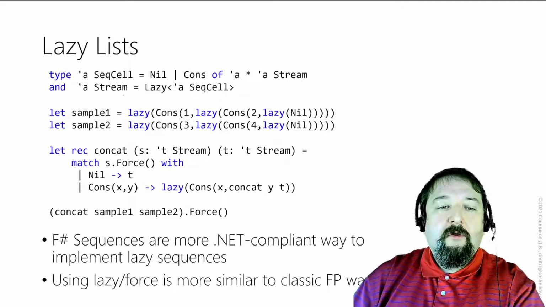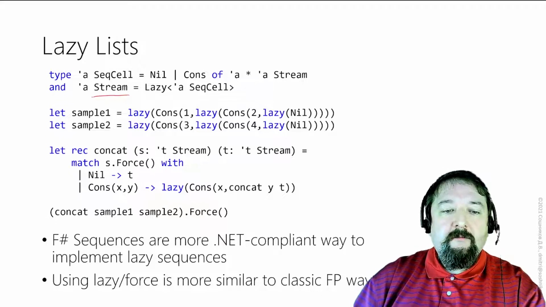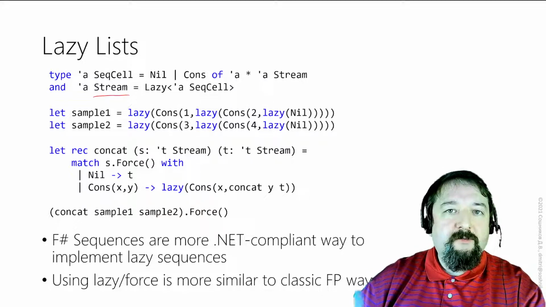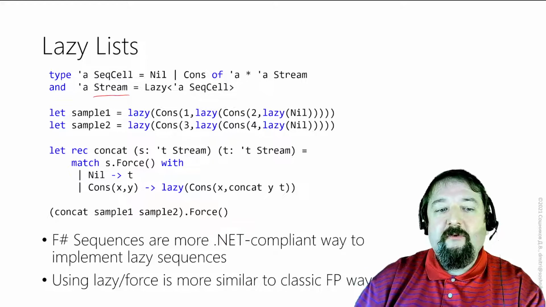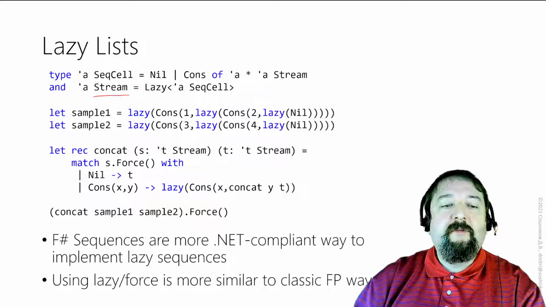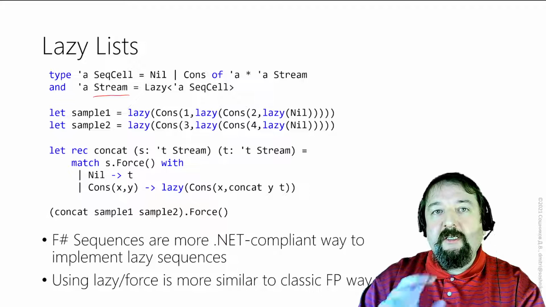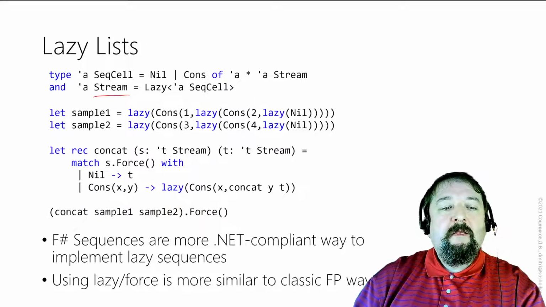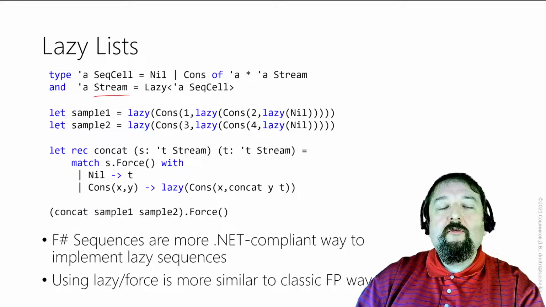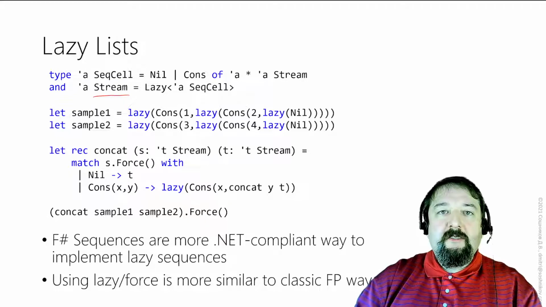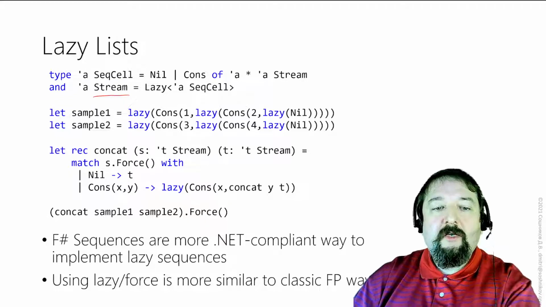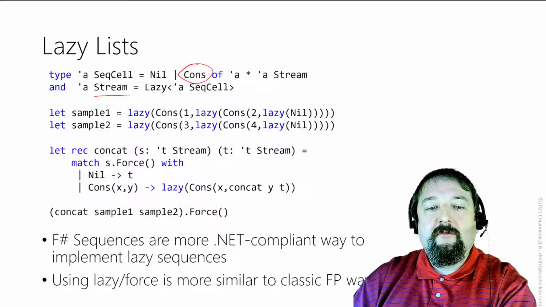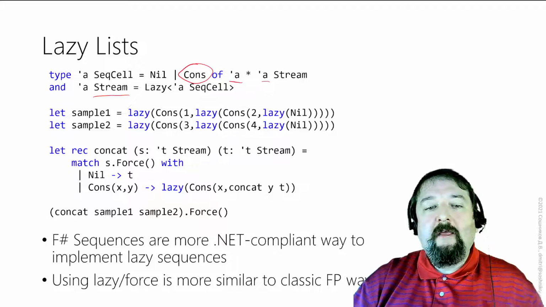So here I will call this lazy list a stream. Maybe not a very good name, because we have talked about streams just before, but this is a different kind of stream. I will call it stream just to distinguish it from sequence. The normal list consists of cells constructed using the cons constructor, which takes an a and a list.